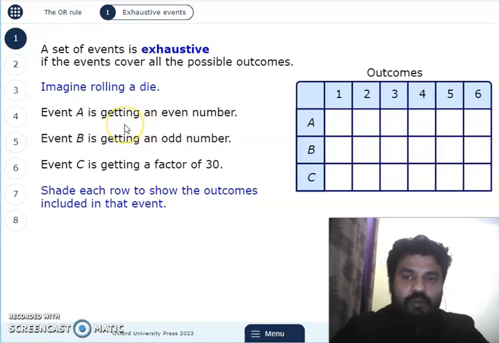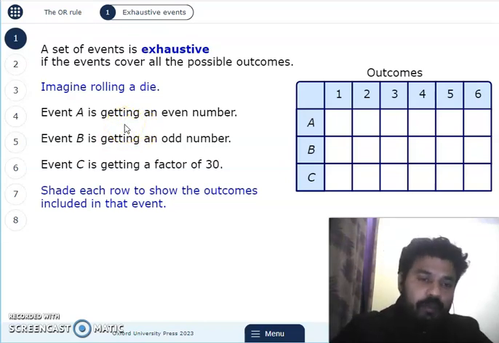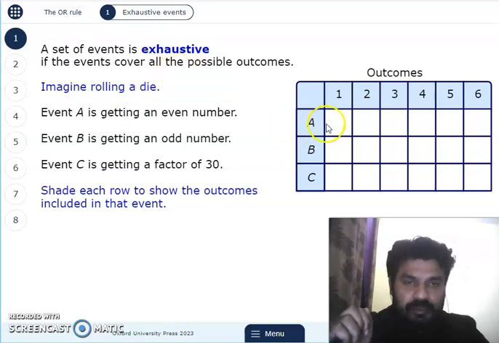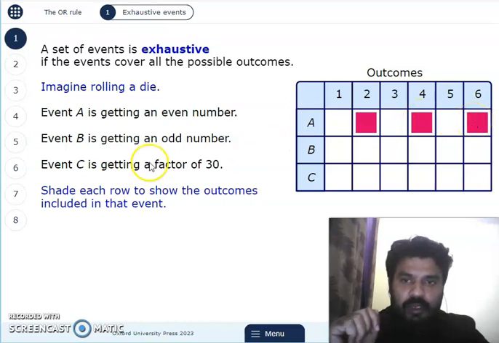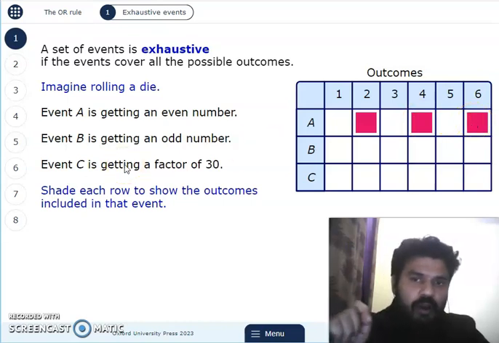If I'm talking about getting an even number, if we roll a die there are 3 even numbers: 2, 4 and 6. So let's shade those numbers. So this is 2, 4 and 6. Now event B is getting an odd number.